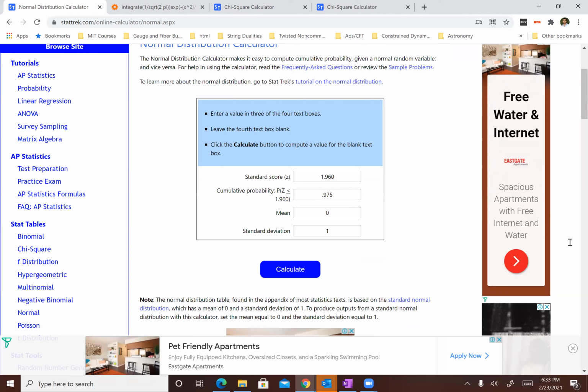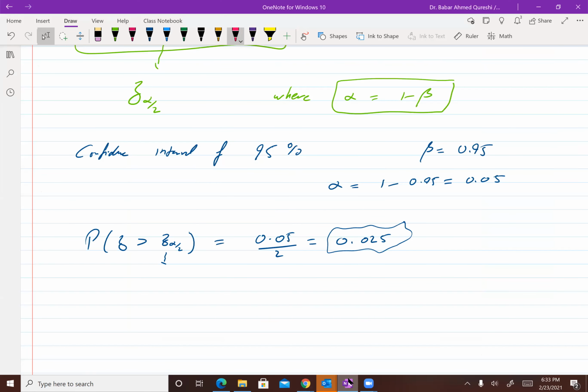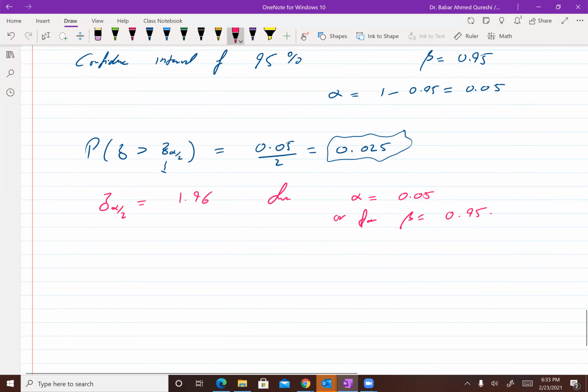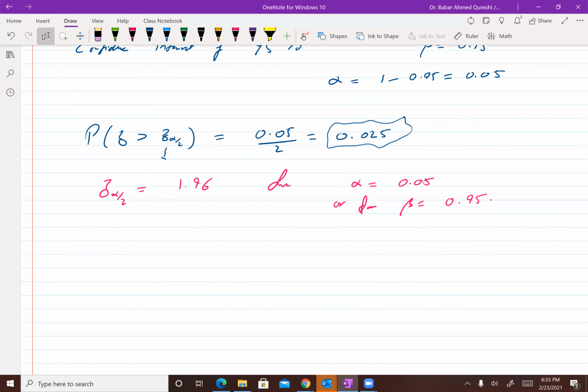So it gives me the critical value of Z as 1.96 for alpha equal to 0.05, or for beta equal to 0.95. Similarly, you can compute it for any other beta.